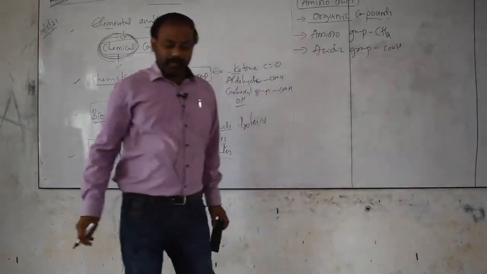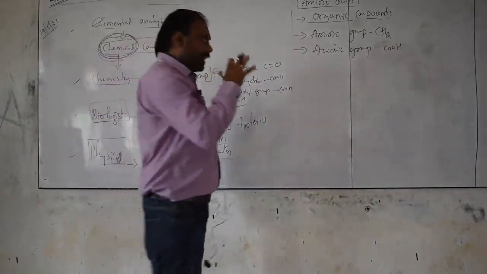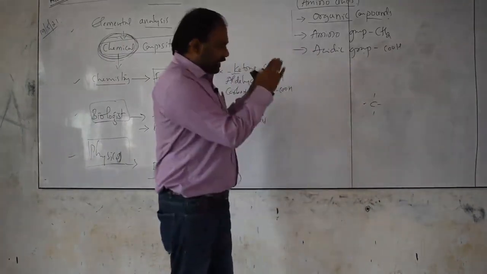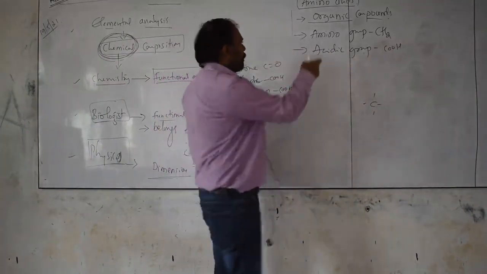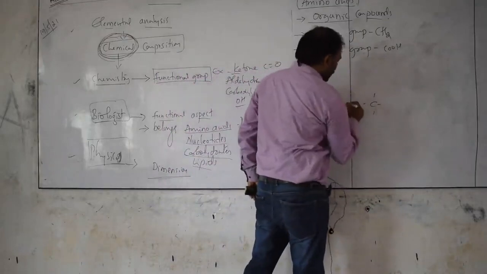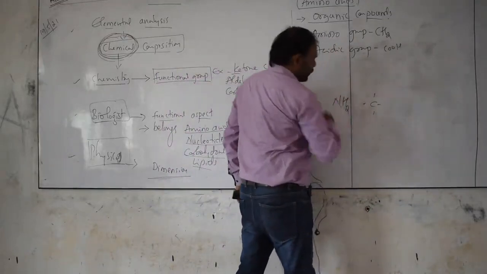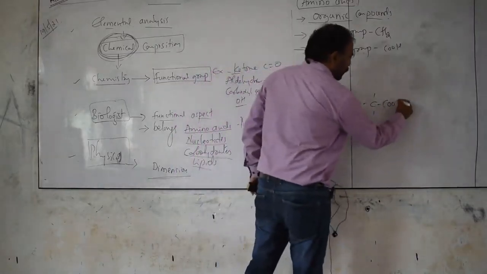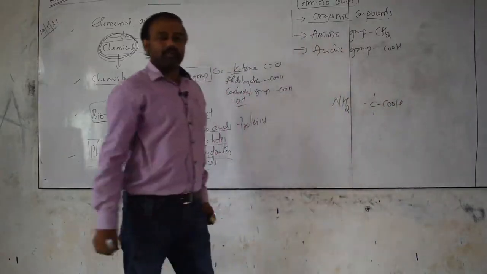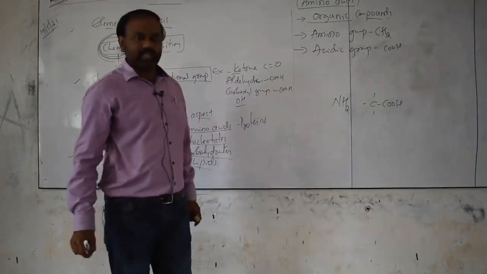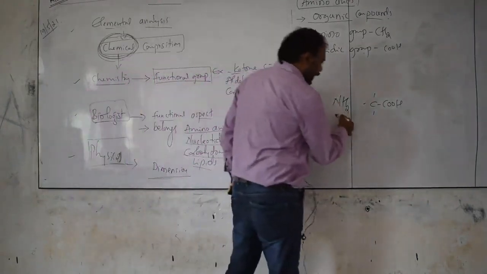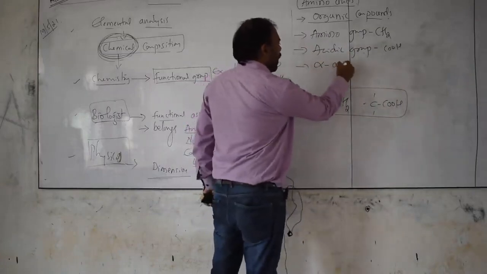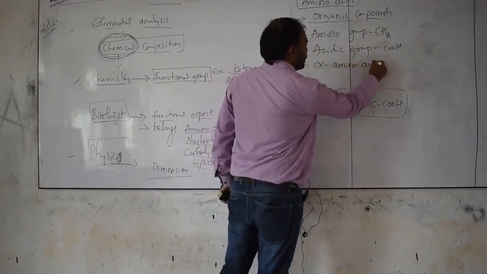Do remember, I mean to say that here you will have a single carbon, and that single carbon contains both a basic group, that is NH2, and at the same time an acidic group, that is carboxylic acid. Yes or no? This kind of amino acid is called an alpha amino acid.